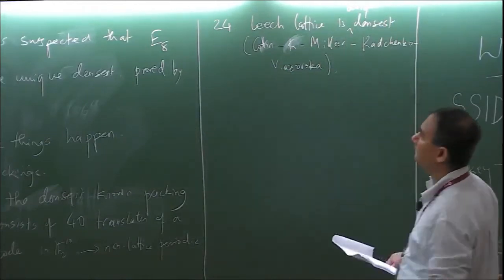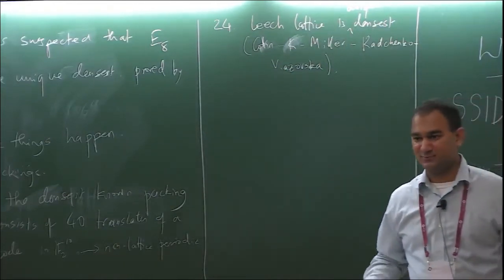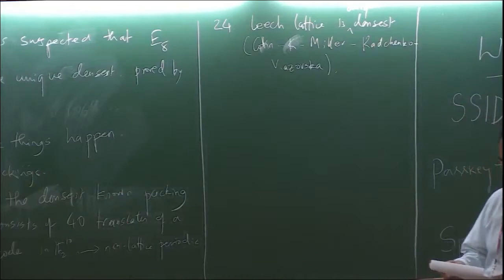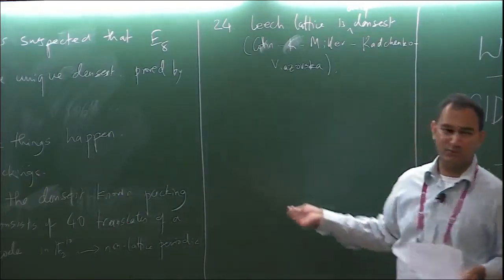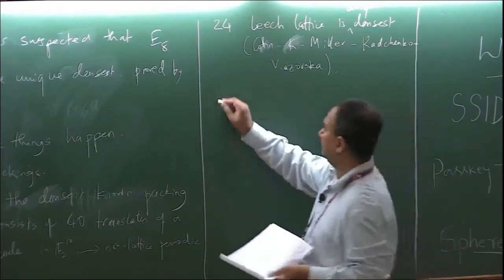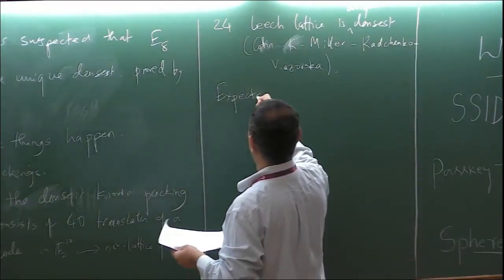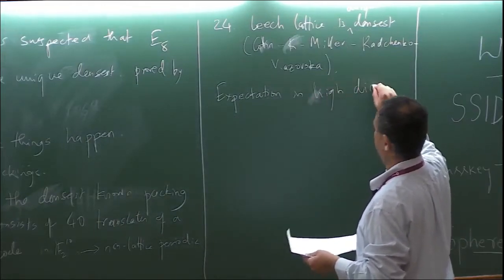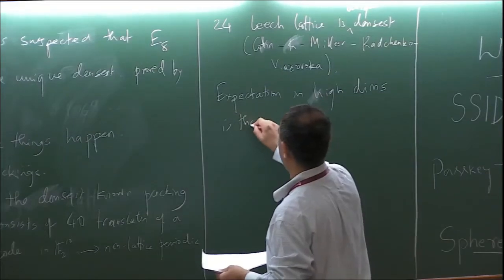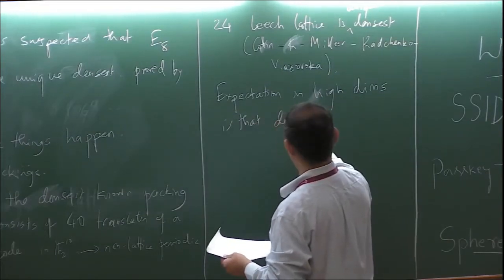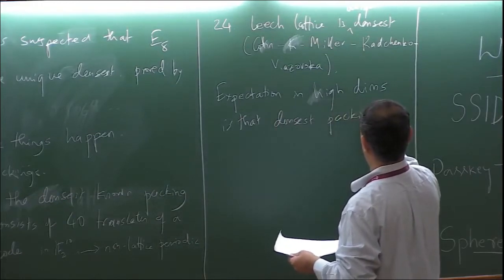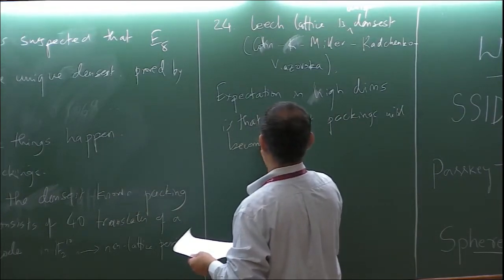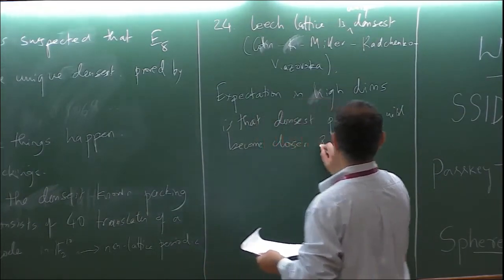What happens between 10 and 24? We don't know, but probably all kinds of bizarre stuff happens, just because already strange things are happening here. What happens way beyond 24, if you get to dimension 1000 or something? The expectation in high dimensions is that the densest packings will become closer and closer to disordered.